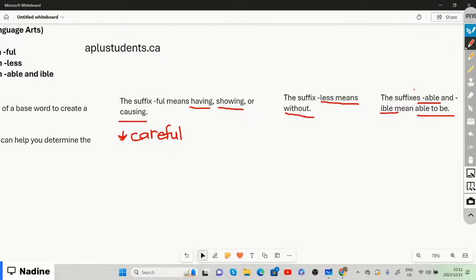So careful can be one of our words, and there we have the word full at the end of our base word.